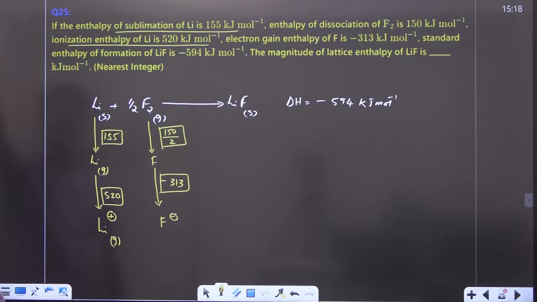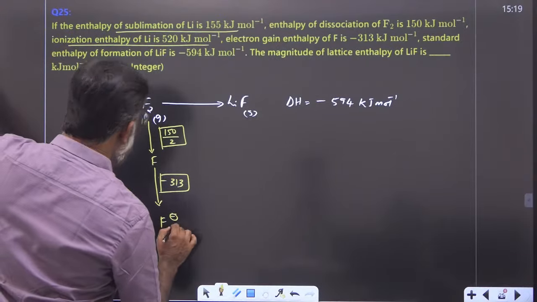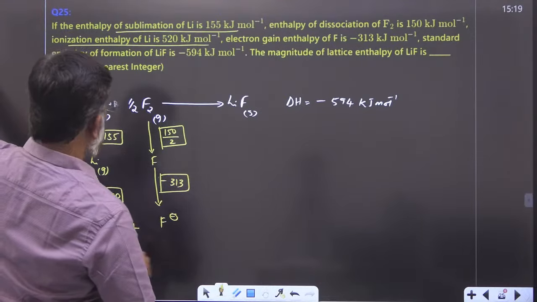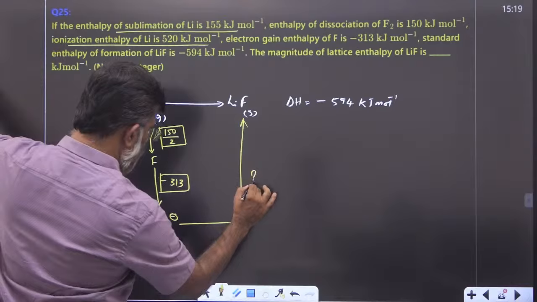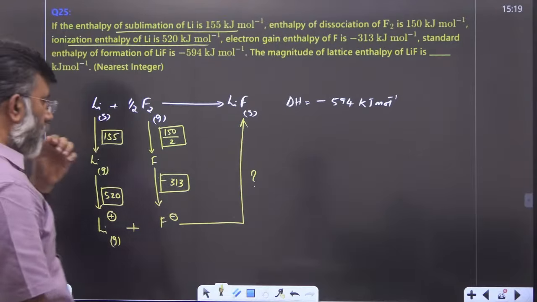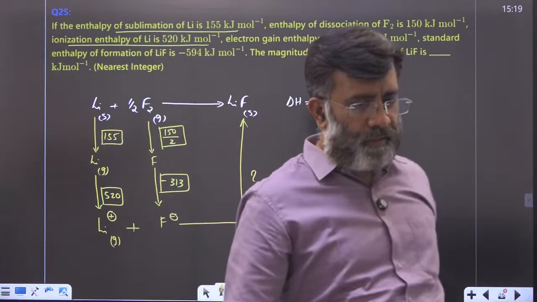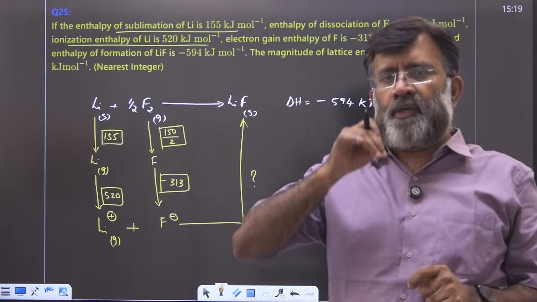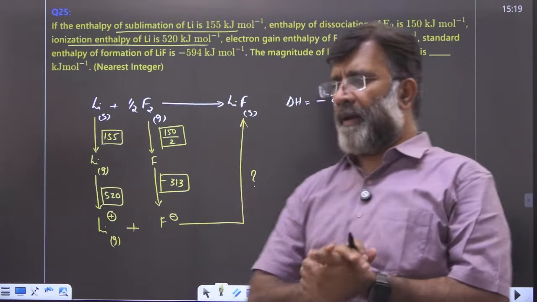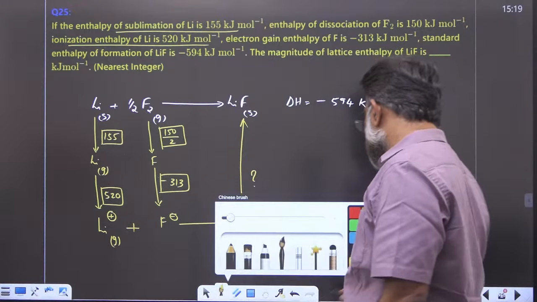And the question is, what is the magnitude of lattice enthalpy? This is what we need to find out. Lattice enthalpy means the amount of energy to break 1 mole of an ionic lattice.